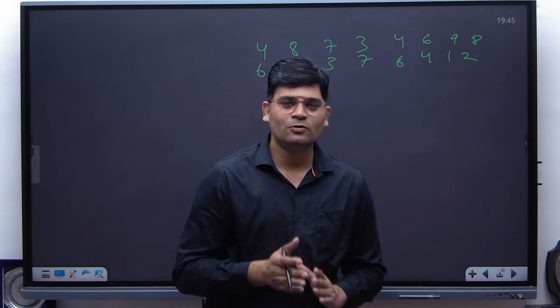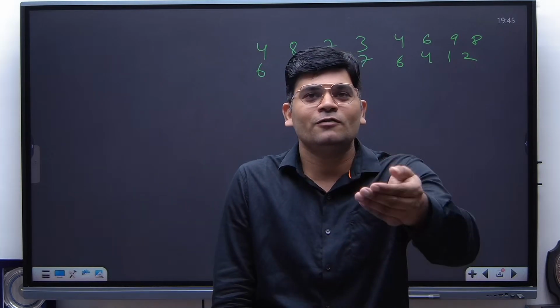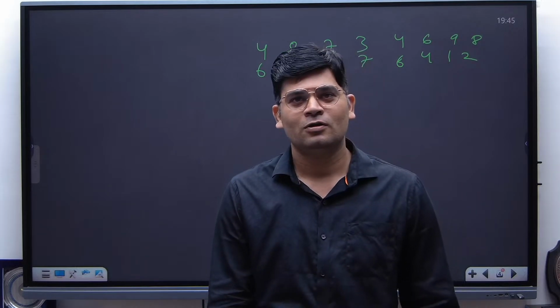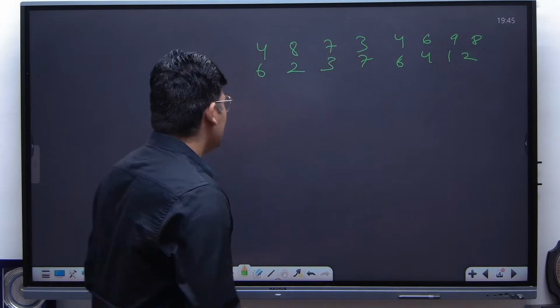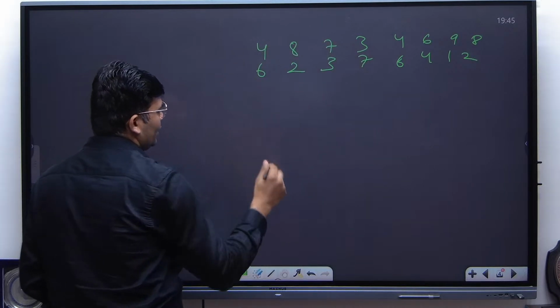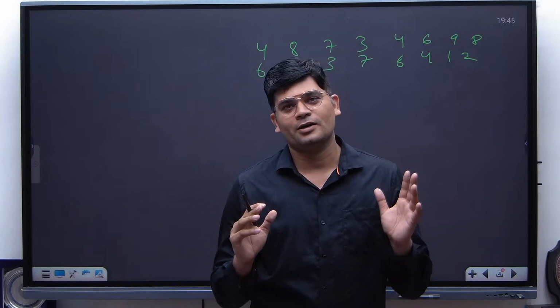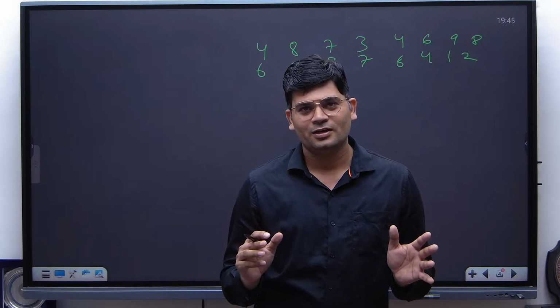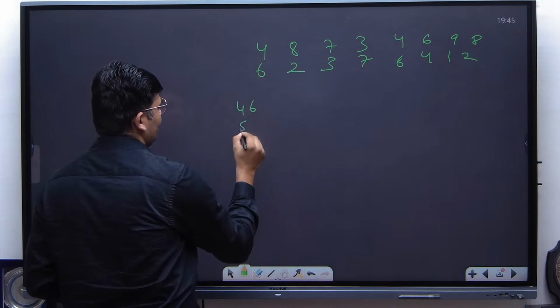I should clap for you. But now the intensity of the game is going to be tougher. And it is not tougher, it is your applying of basic common sense. Now I am going to tell you a number and you have to tell me another number for which it should make 100. For example, if I say 46, you will say 54.